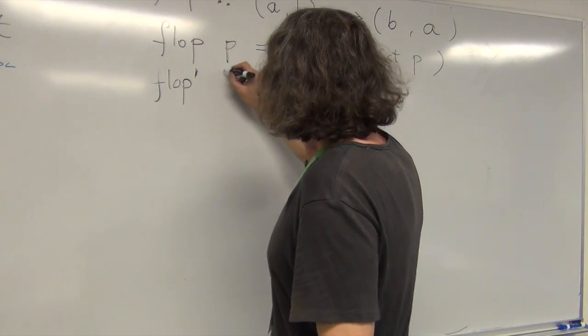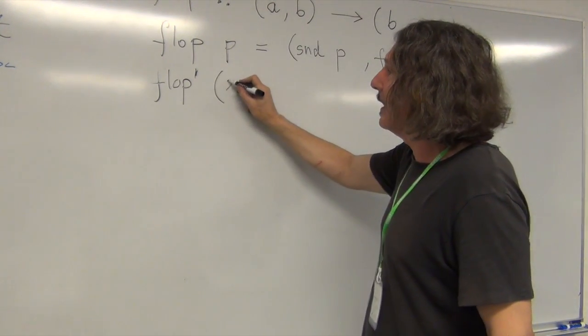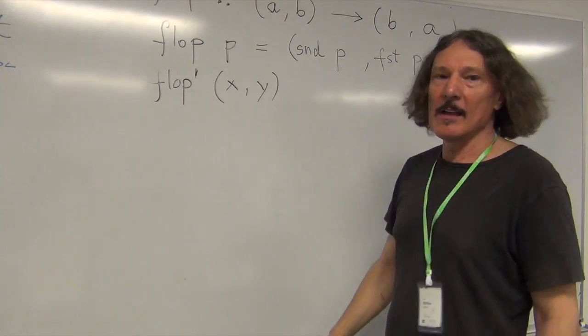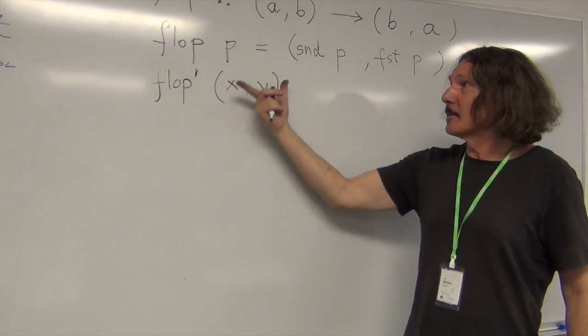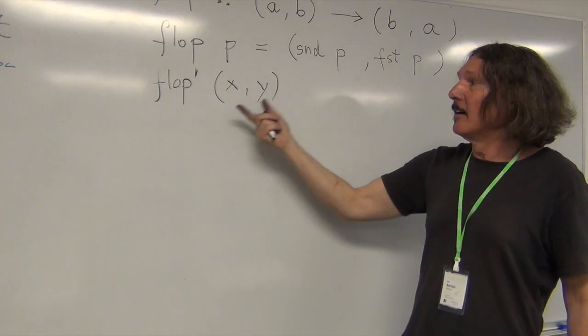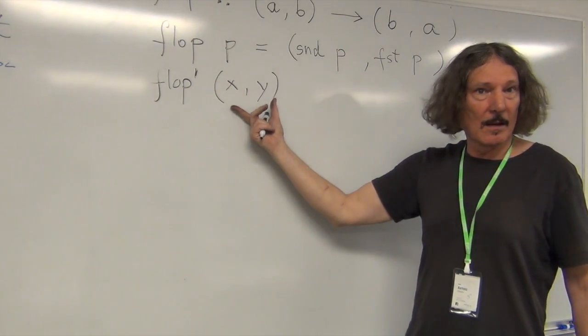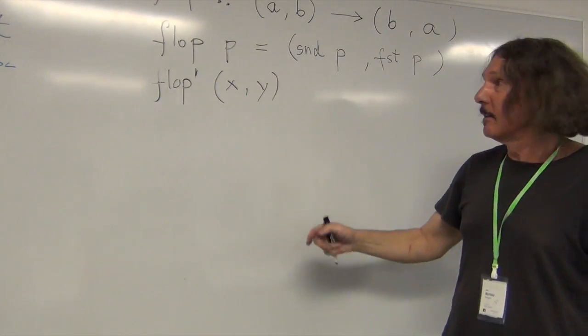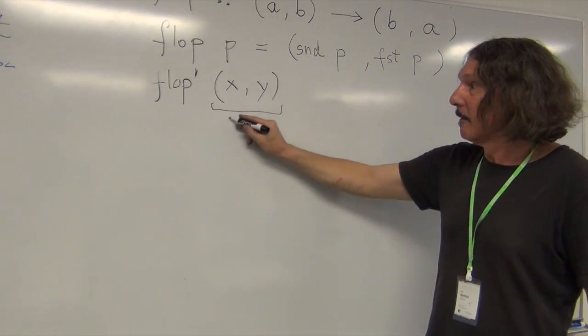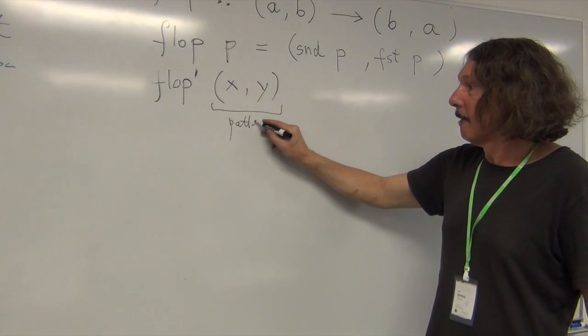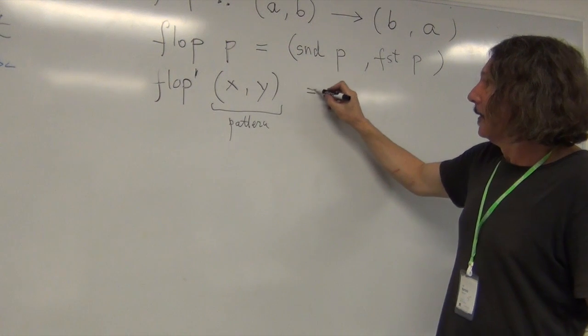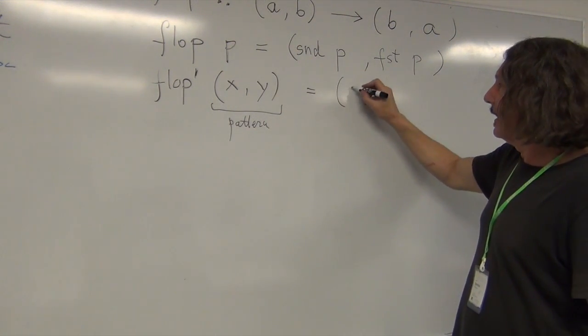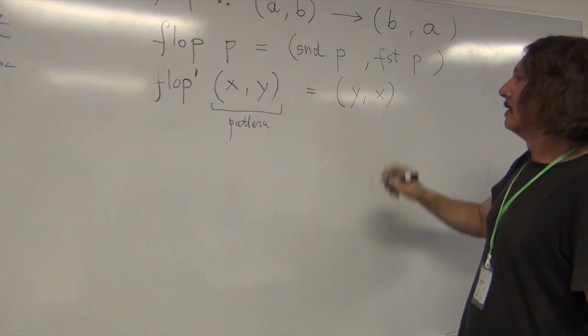So we would put a pattern here and say (x, y). Match this pair to its components, x and y. So this is a pattern. And then you can simply say the result is (y, x).